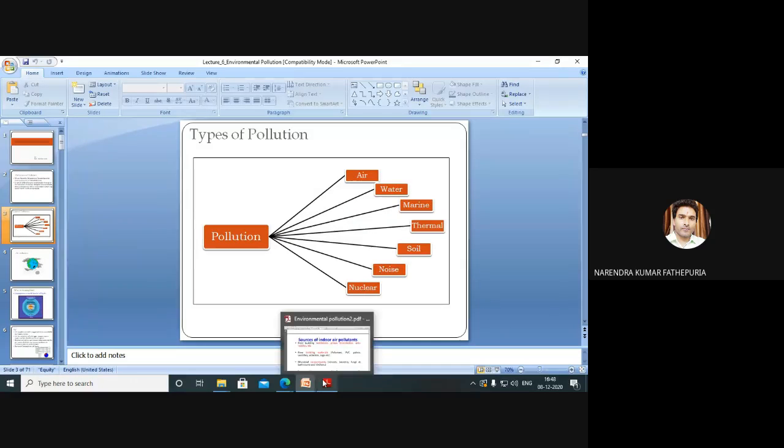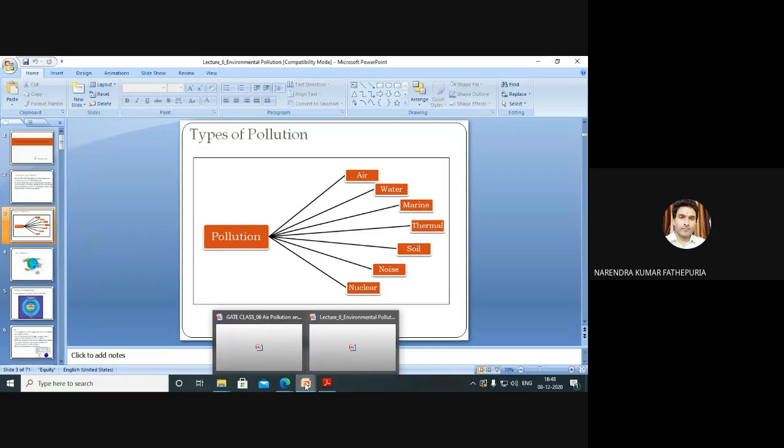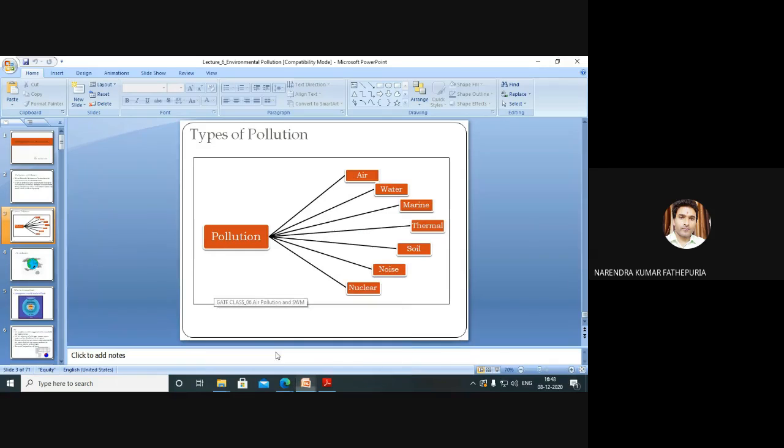So we'll be talking about the sources. I mean, the impact of air pollution I will talk about later. First, I will go to where it is.